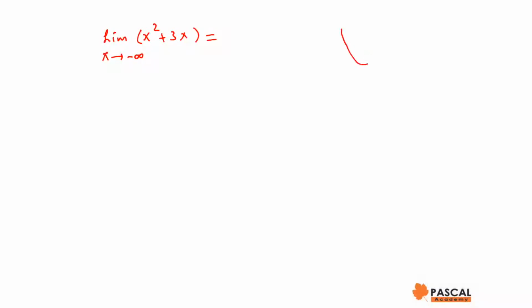If you look at the graph of this function, it's a parabola, and the direction of opening is upward. When x approaches negative infinity, f of x approaches positive infinity. Limit of 2x minus 1 over x plus 1 as x approaches infinity.